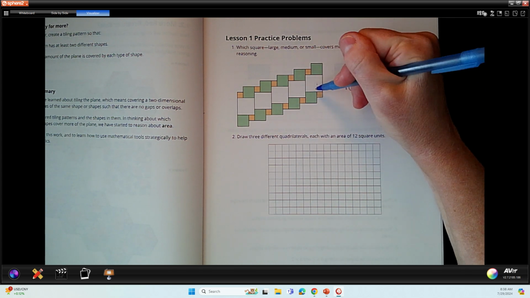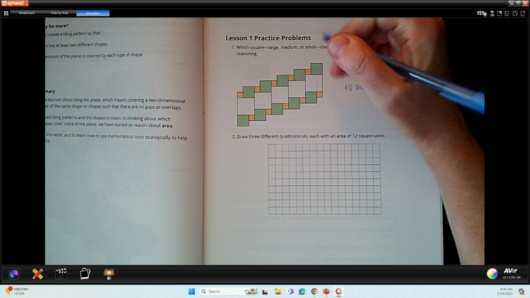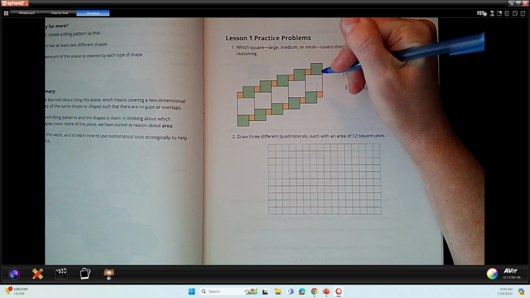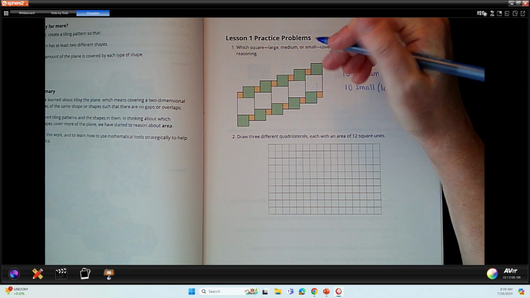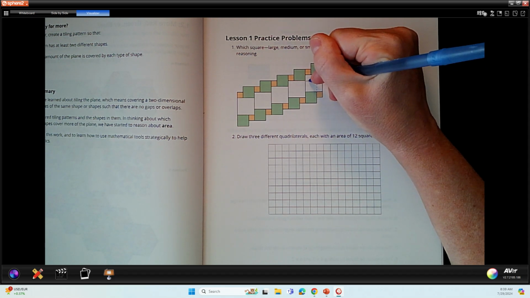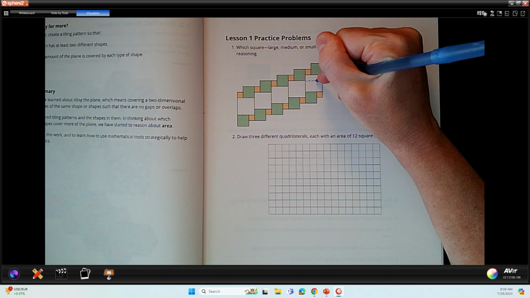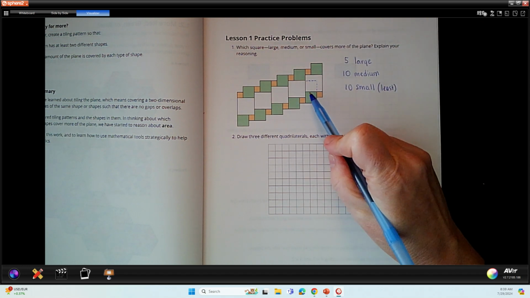And I can't really see how tall it is in comparison, but I can kind of estimate and know that if it's more than half this way, then it's going to be more than half that way. So one of the greens is covering about this much of the white square.